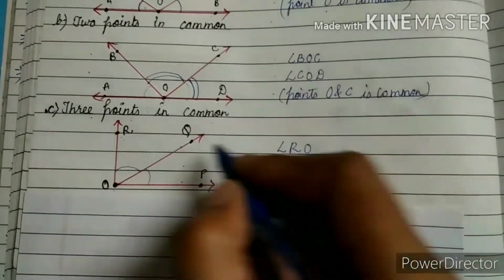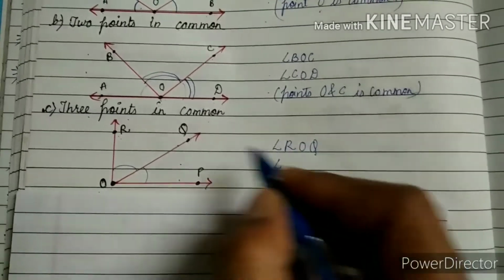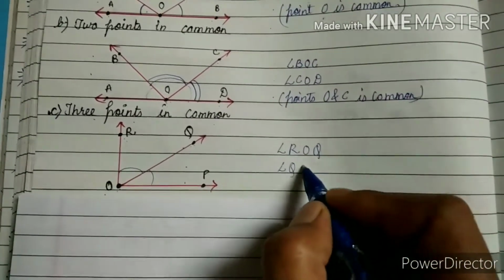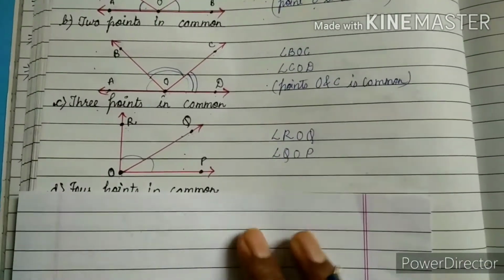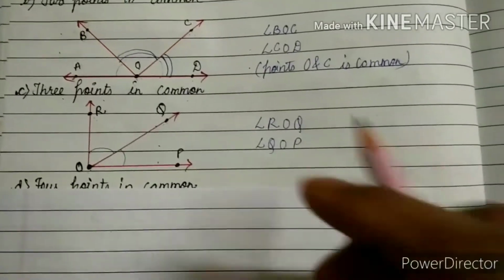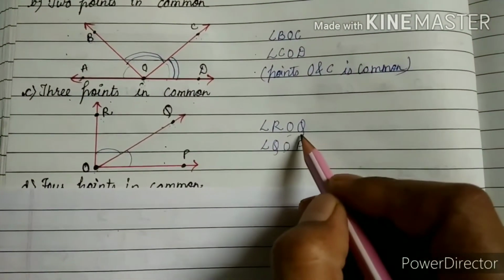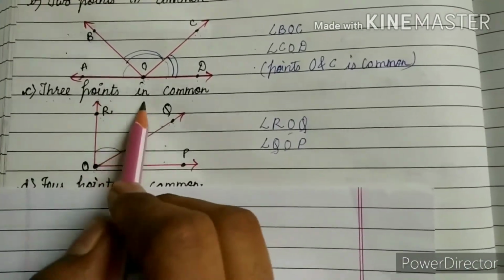O, then Q. Then for the next, if we are starting from Q who will come? O, then who will come? P. So as you can see in these two angles, O and Q are common, but the question said we have to show 3 points in common.